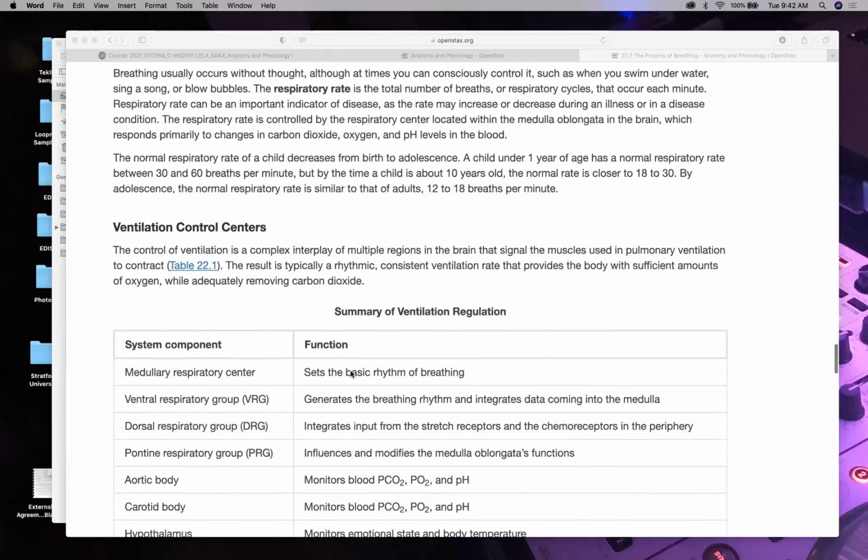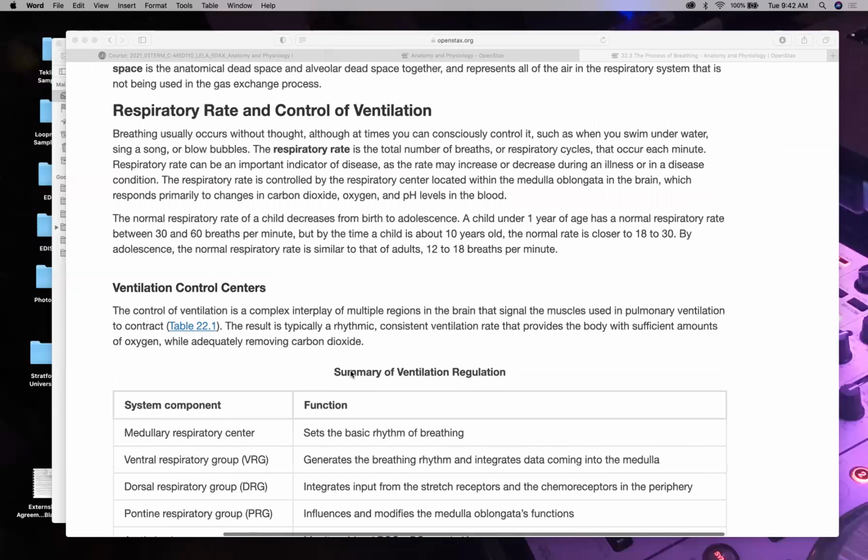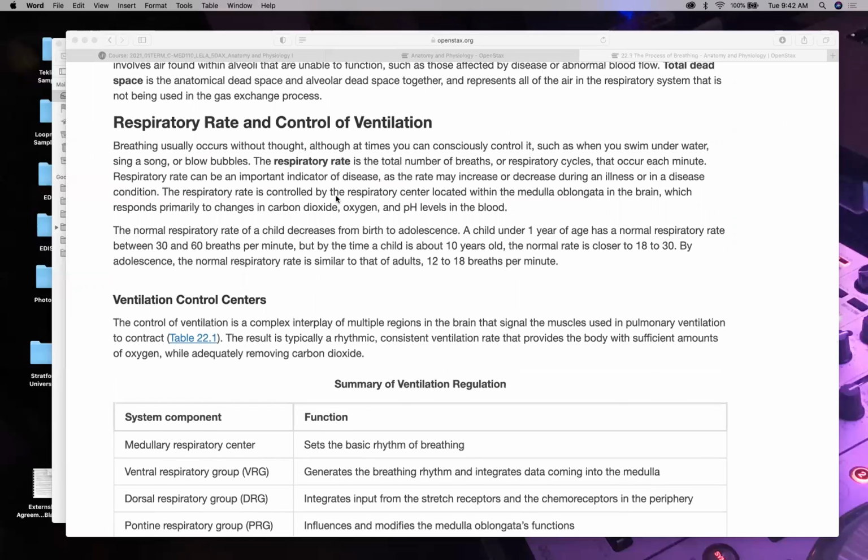Respiratory rate depends on your sympathetic and parasympathetic nervous systems. If you're in danger, like fight or flight, your respiratory rate is going to increase, and if you're in parasympathetic, it will decrease.